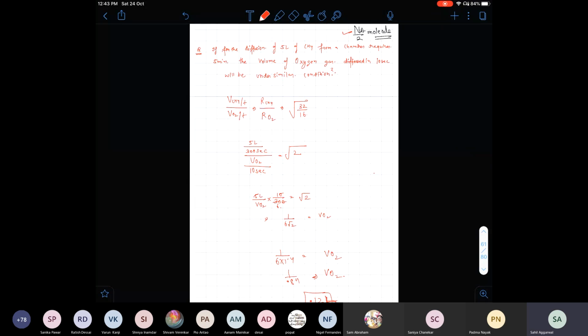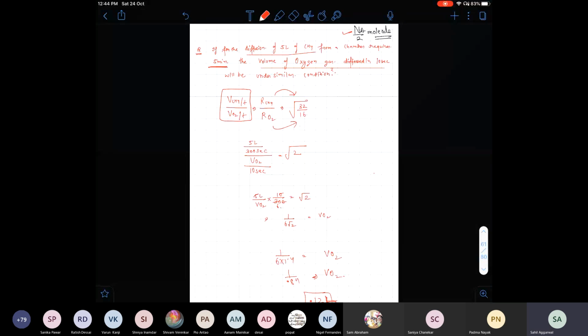In this question, diffusion of 5 liter of methane takes place in 5 minutes. The volume of oxygen diffused in 10 seconds will be asked. So it is related to volume and time. First we will see the rate. The rate is always inversely proportional to the square root of mass.